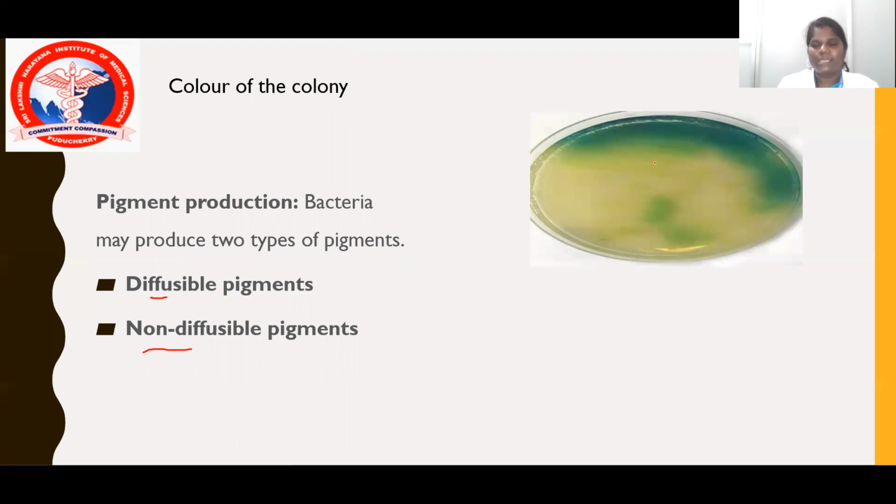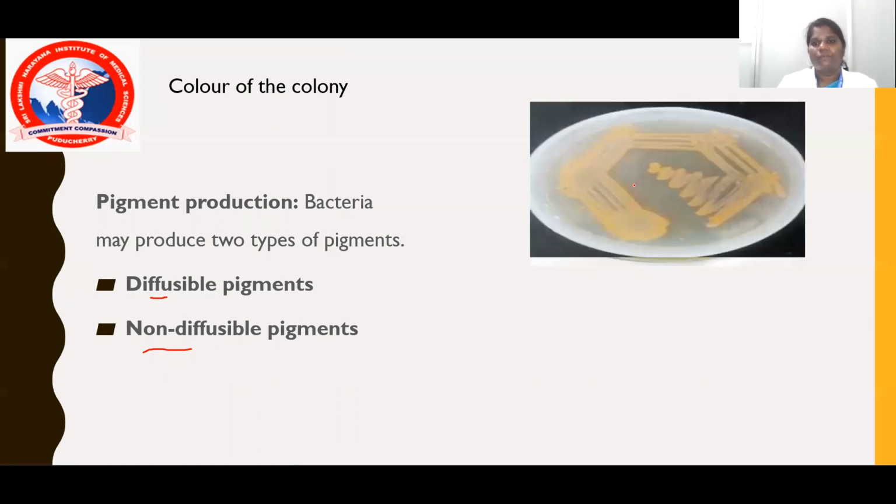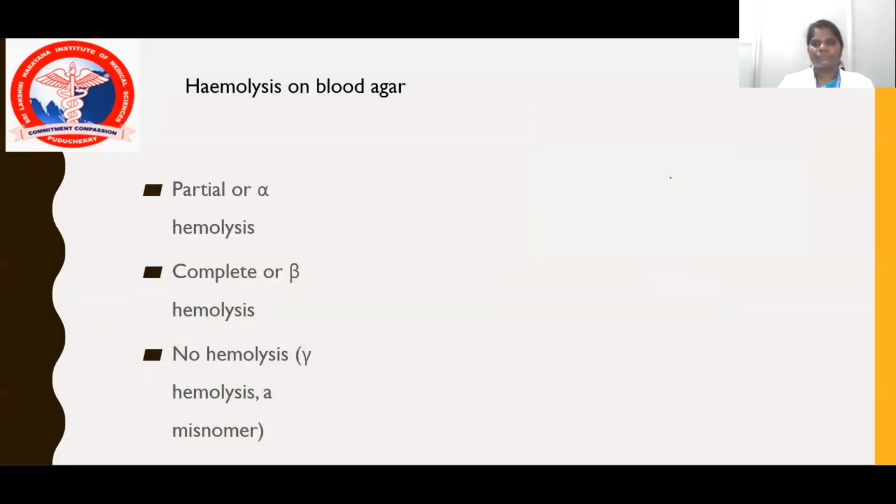The classical example of a diffusible pigment producer is Pseudomonas aeruginosa, which produces a bluish green pigment that diffuses into the media and makes the media green. The golden yellow pigment produced by Staphylococcus is distinct only wherever the colony is present.